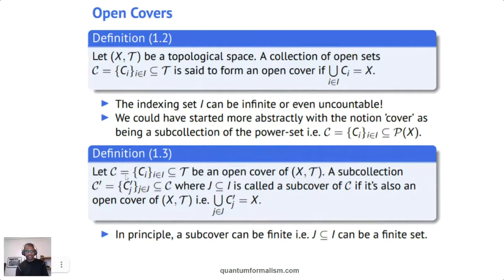Obviously, C itself is trivially a subcover, right? It's also a subcover of itself, because it's a subset of itself. But that's not what we want. In practice, what you want is a proper sub-collection of this. That's what you want.